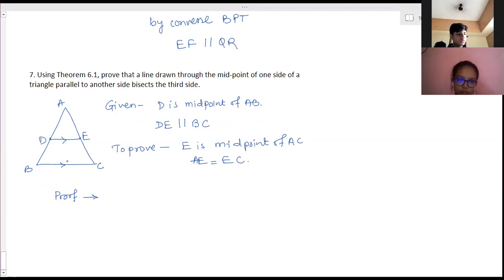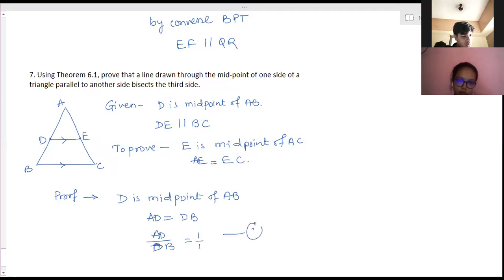Now how to prove it? We have D is midpoint of AB. So therefore, AD is equal to DB. So what is the ratio of AD by DB? 1 by 1, it is 1 is to 1. Okay, this is equation 1.